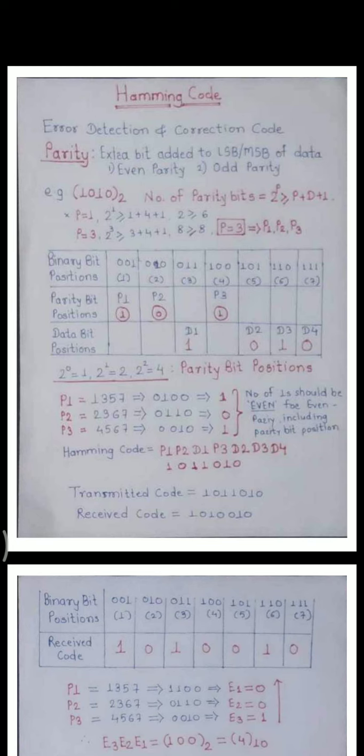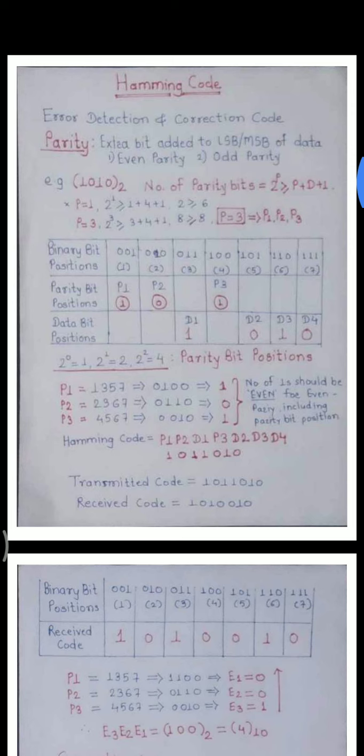Okay, now parity bit positions are decided by 2 raised to positions, means 2 raised to 0 is equal to 1, anything raised to 0 is equal to 1, we know. Again 2 raised to 1 is equal to 2, 2 raised to 2 is equal to 4.